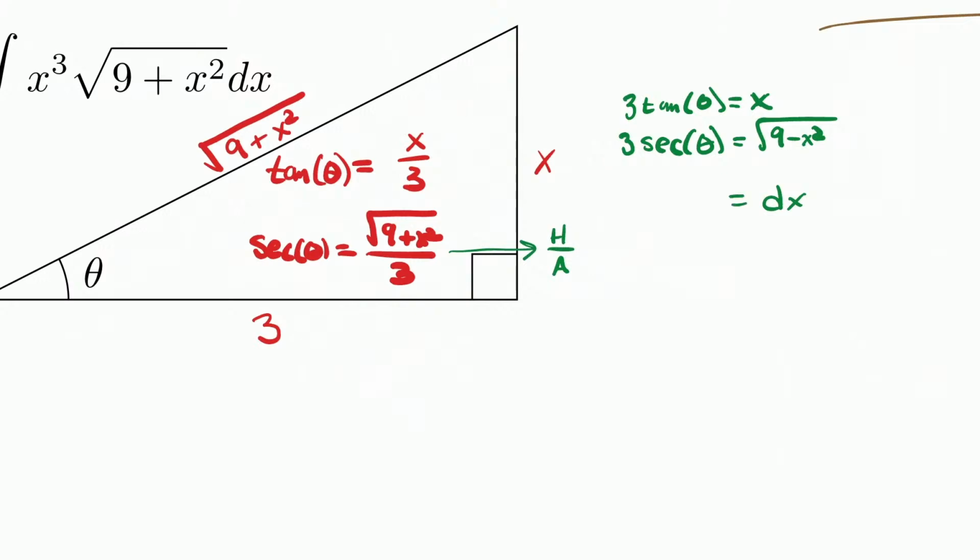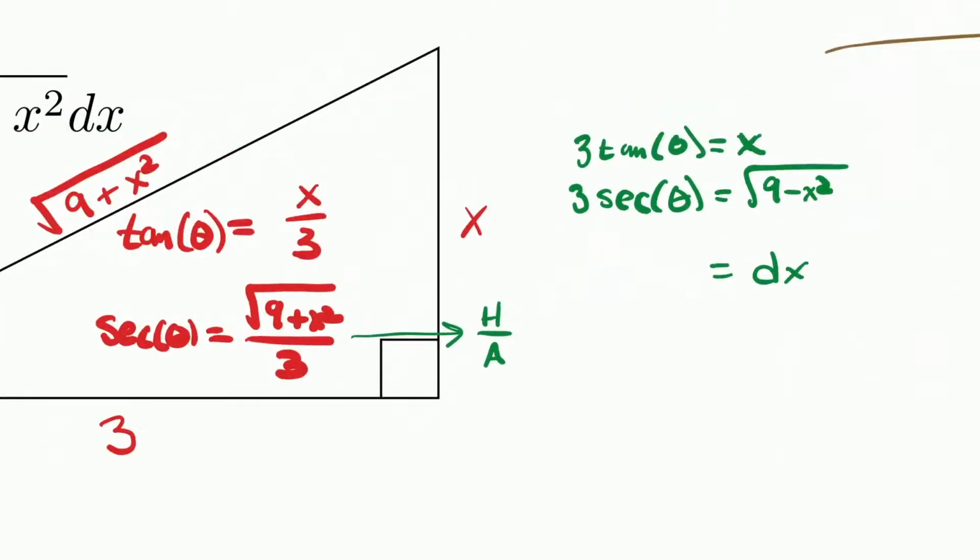So let's see, I'll pick another volunteer. Hold on, Hunter. Hunter, you know what dx is, don't you? You know the derivative of 3 tangent. Almost. 3 secant squared, that's right.